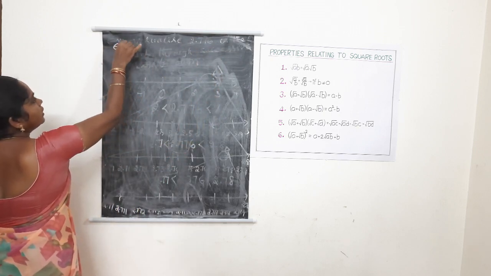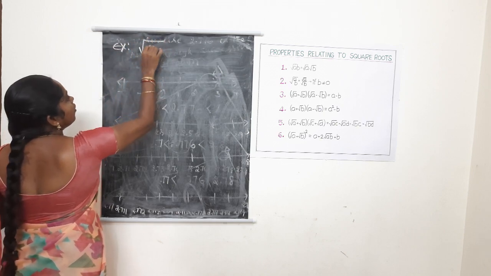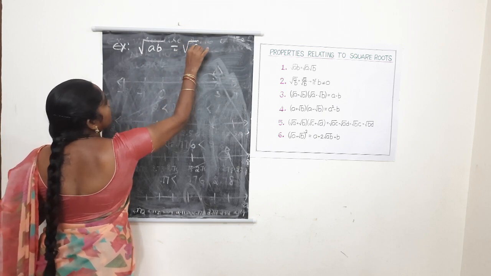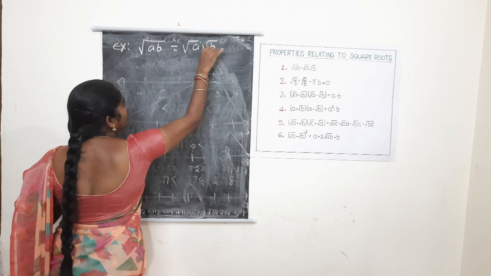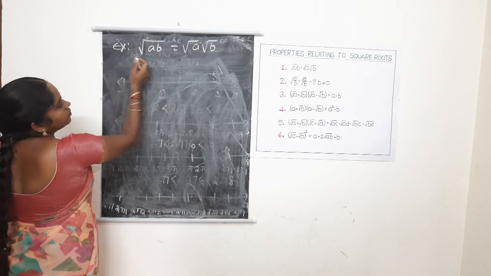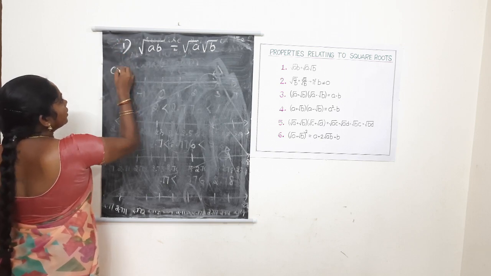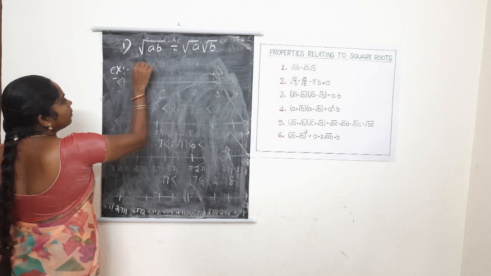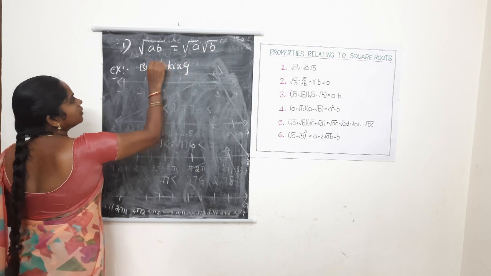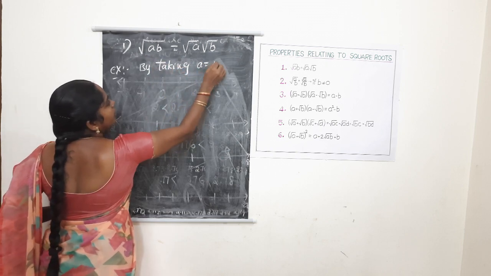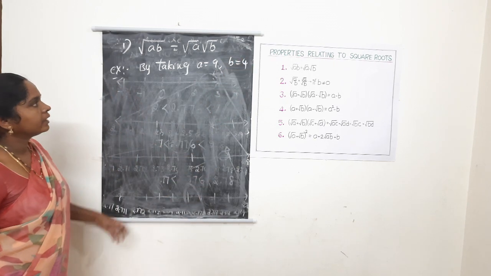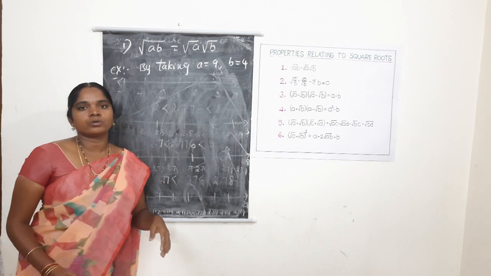So first property, square root of AB equal to square root of A into square root of B. Let us see one example. By taking A equal to 9, B equal to 4.